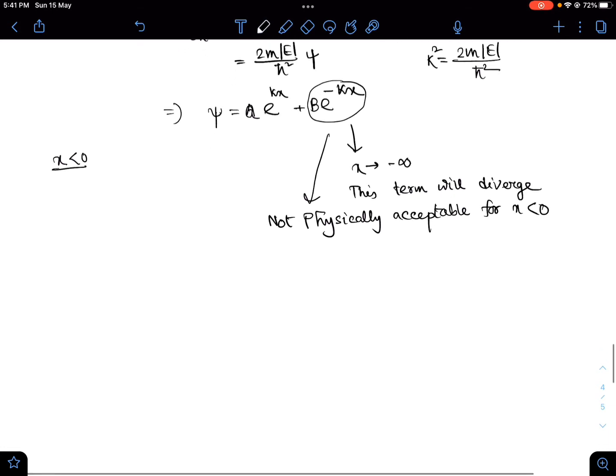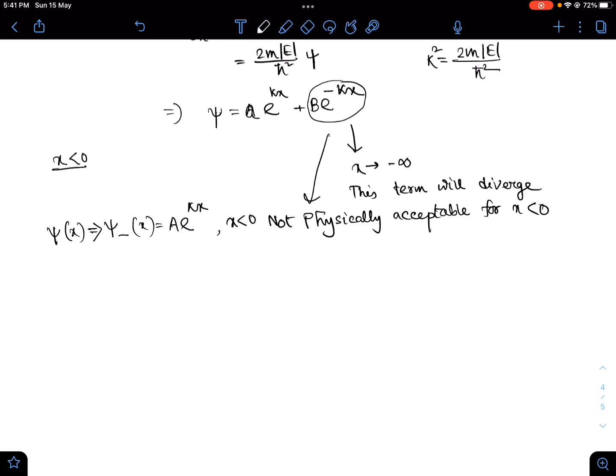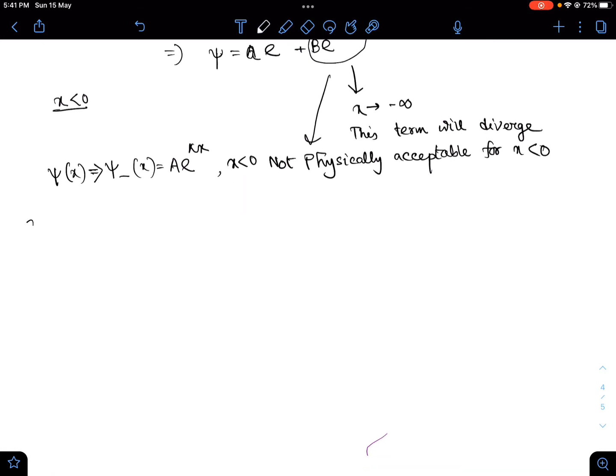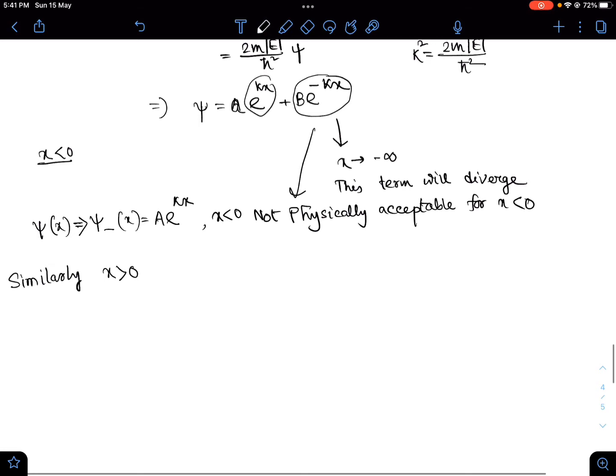So for x less than 0, we have our psi x, let us denote this by psi minus, to be capital A e to the power kx. These are just constants whose value we have to find. Similarly, for x greater than 0, this term will diverge.